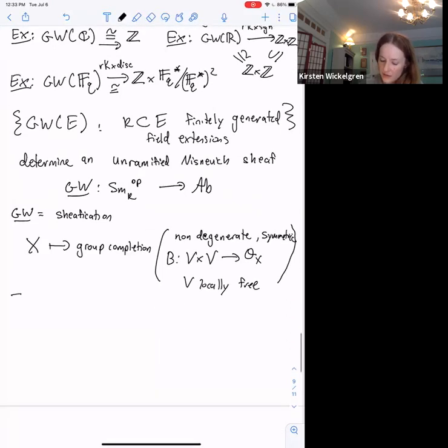And it's a theorem of Ojanguren and Panin that when you have a section away from codimension 2, it extends over.